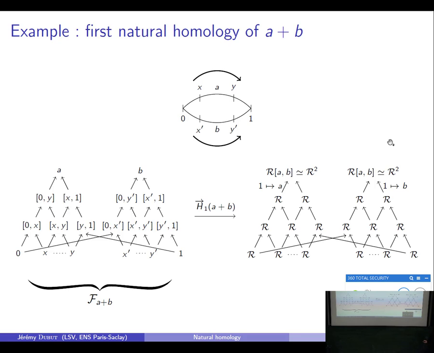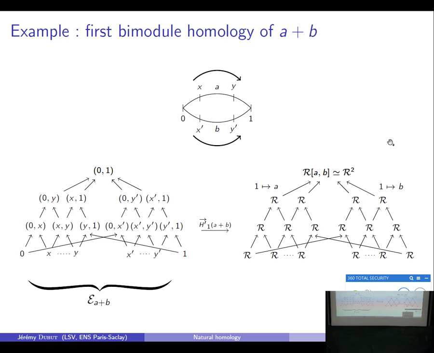The first natural homology will map all those to the homology of the trace space between points which are not both endpoints. Since this trace space is contractible, we will have many copies of the ring. And there are just the two top elements which correspond to traces which go from 0 to 1, for which the trace space is homotopically equivalent to a 2-point space. So we'll have two copies of R2 at the top.